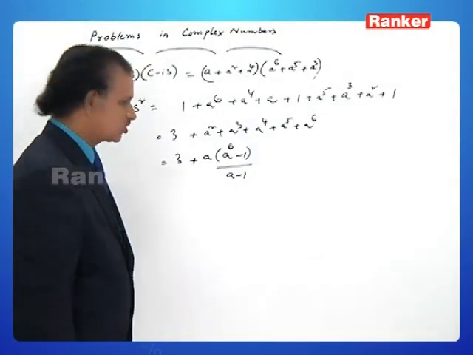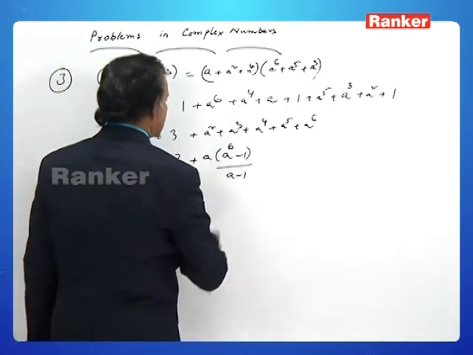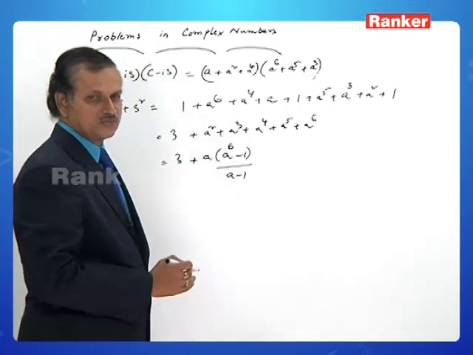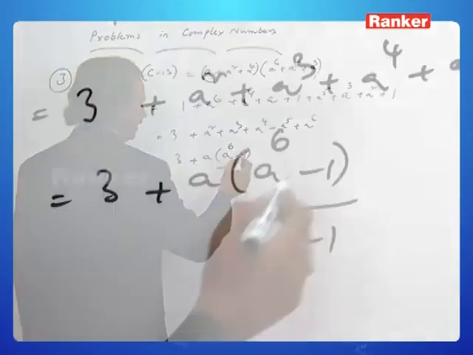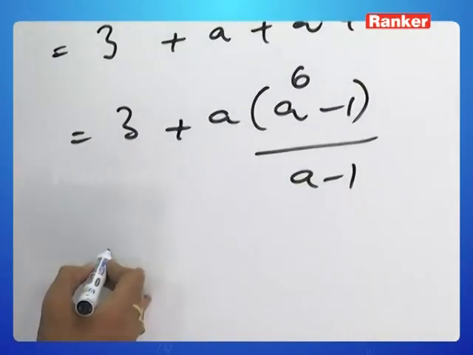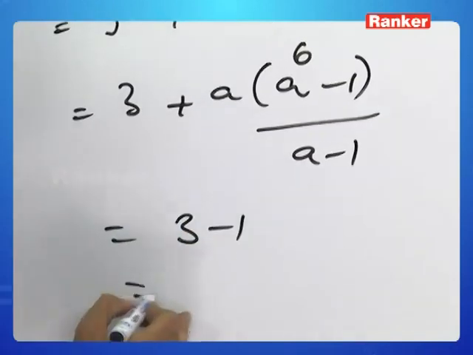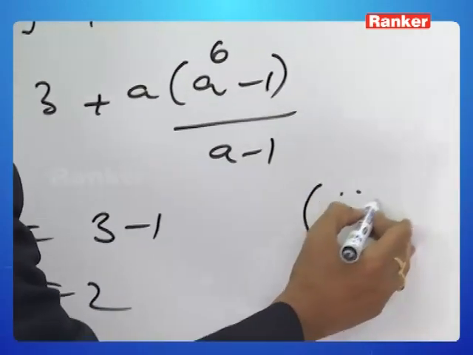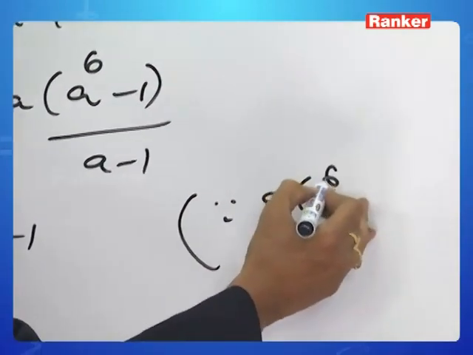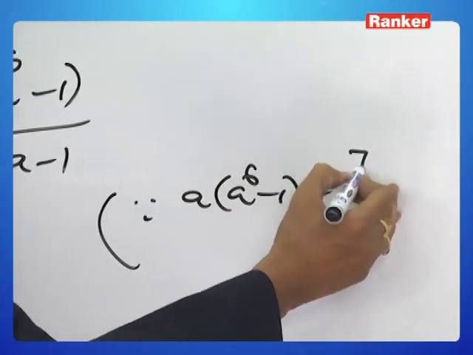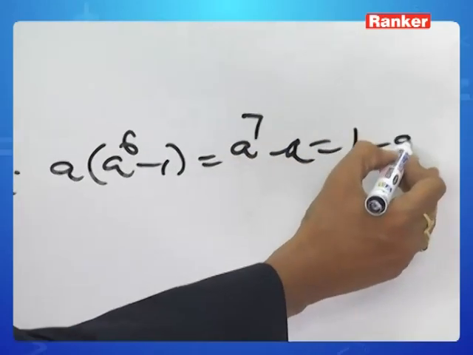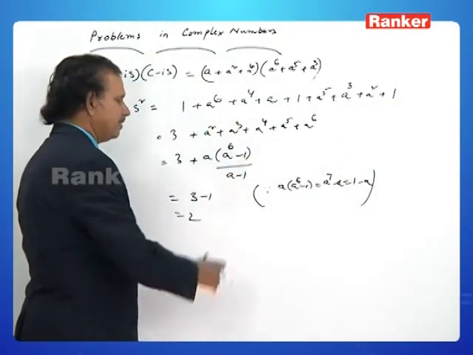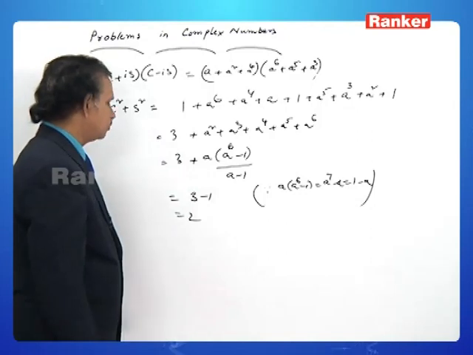Again, A into A power 6 is A power 7. A power 7 minus 1 by A minus 1 is again minus 1, since A power 7 minus 1 is equal to minus A, which is 1 minus A. 1 minus A by minus 1 is minus 1. 3 minus 1 is 2.